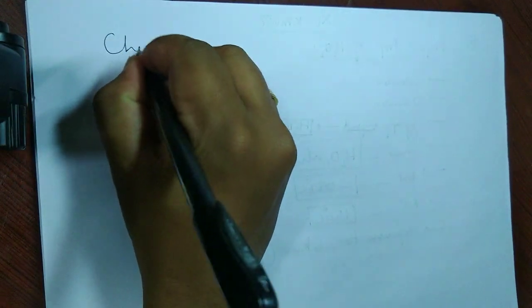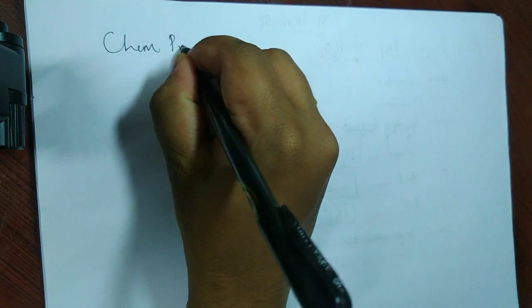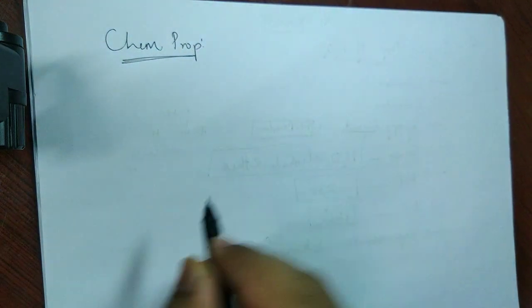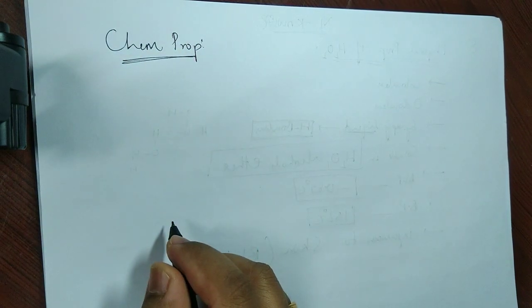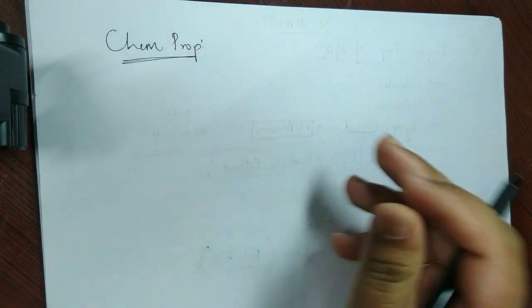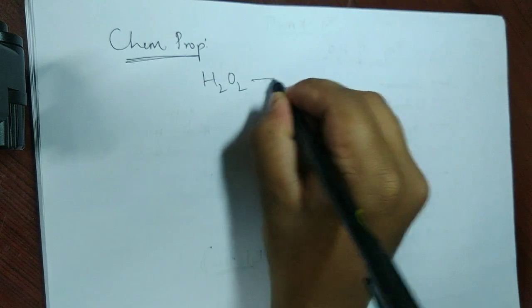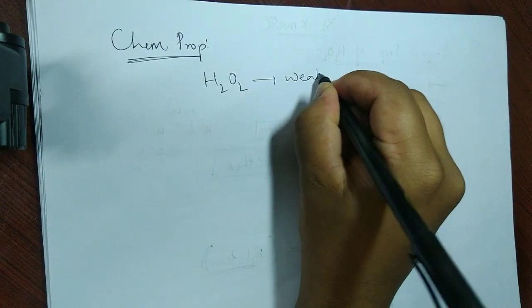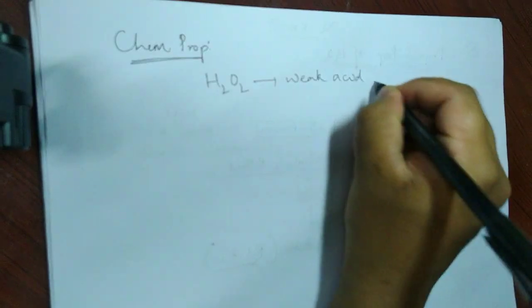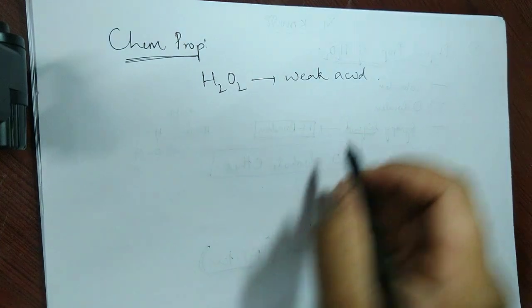Let's talk about the chemical properties. In chemical properties, there are very important areas, so pay attention. So first, chemical properties. H2O2 itself acts like a weak acid.